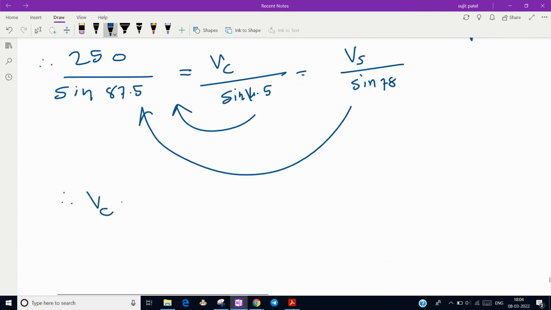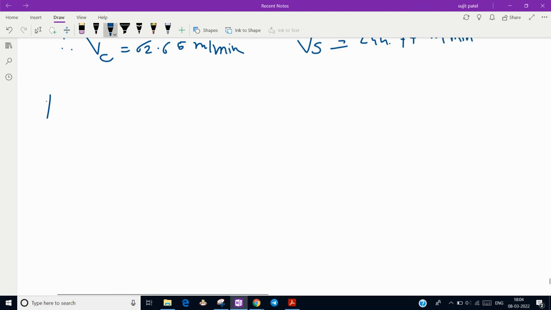You will get Vc, that is the chip velocity, 62.65 meter per minute, and shear plane velocity, that is 244.77 meter per minute. Now we have to find friction work.